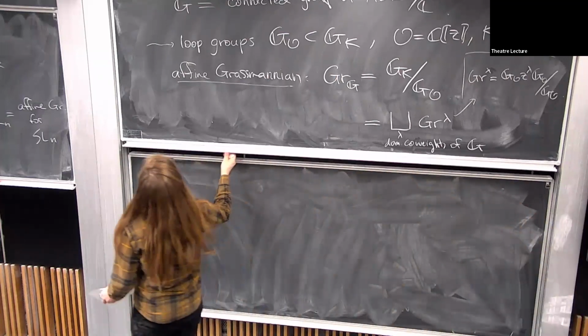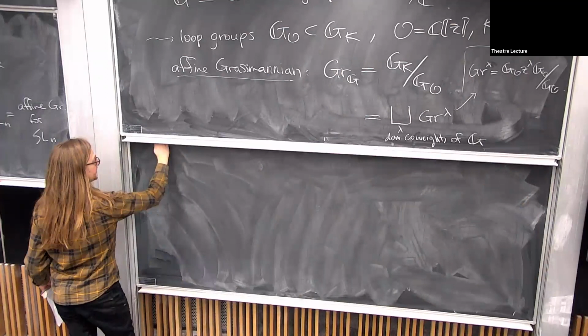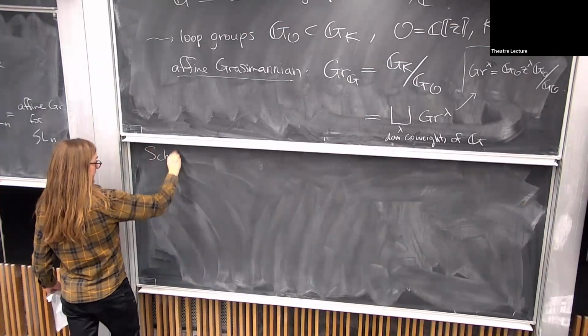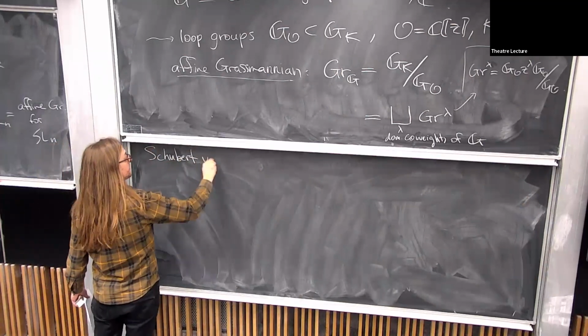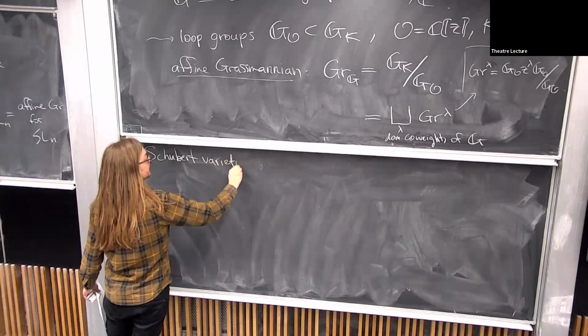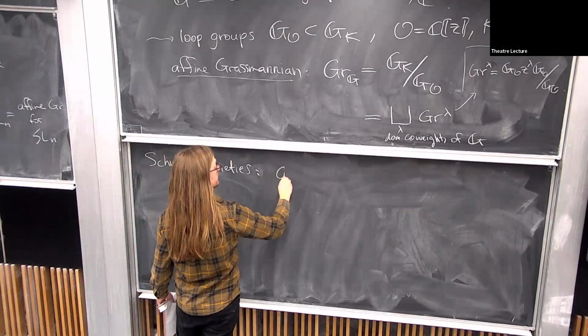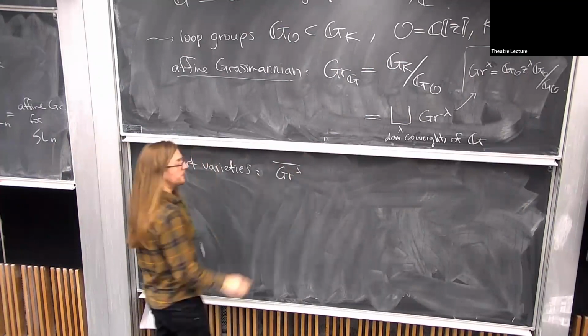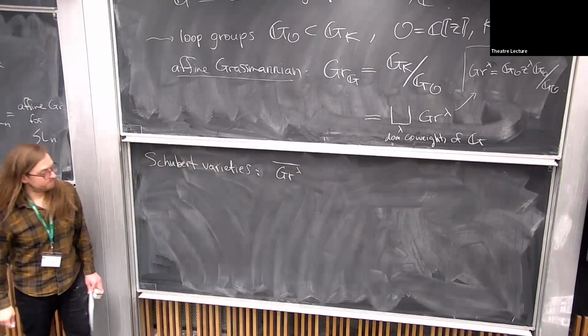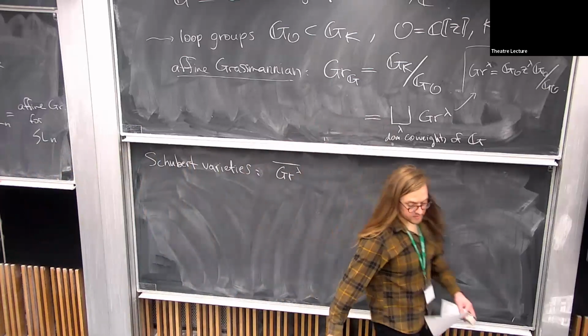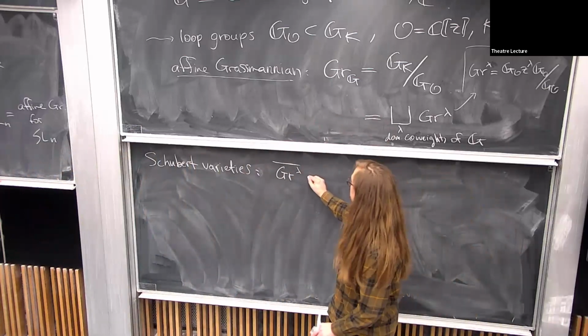But the thing that will be perhaps more important here is the Schubert varieties. These are closures of these orbits, again with respect to this ind-scheme structure.